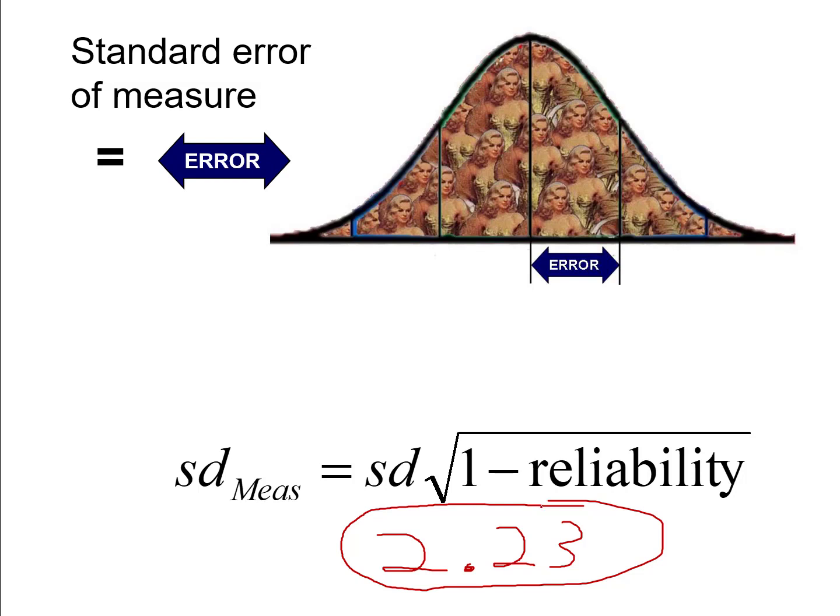Every time someone completes my questionnaire, on average, people's observed scores are going to deviate about 2.23 units away from their true scores. On average, that's how much measurement error I'm getting every time I assess someone. So that's how you can calculate the standard error of measure using your estimate of reliability.